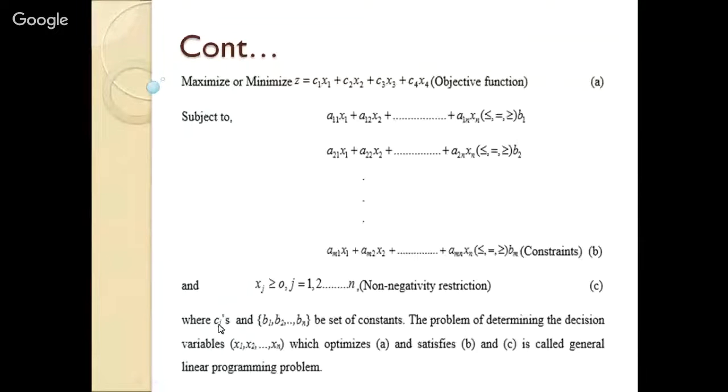The C's are called the cost elements, and the B's are the requirement elements. Now the problem of determining the decision variables which optimize A and satisfy B and C is called the general linear programming problem. The problem of determining the optimal solution of that problem is called the LPP. You can see the objective function is linear and all constraints are in linear format. So this is called the LPP. Right?